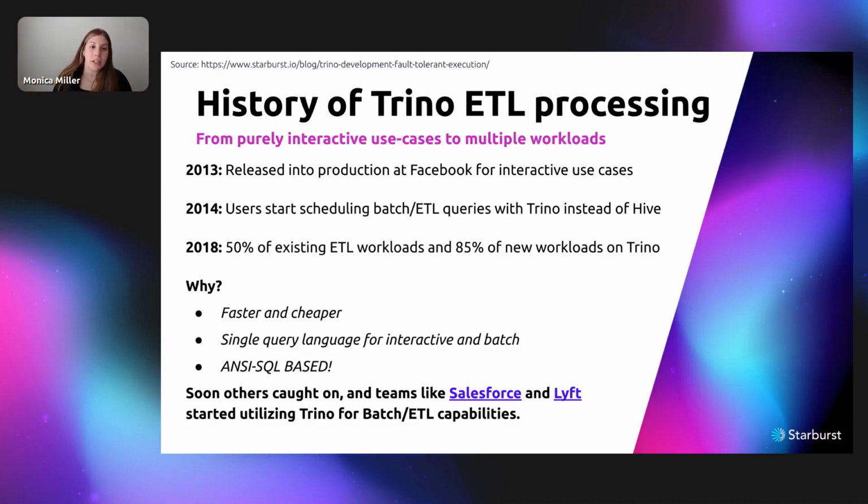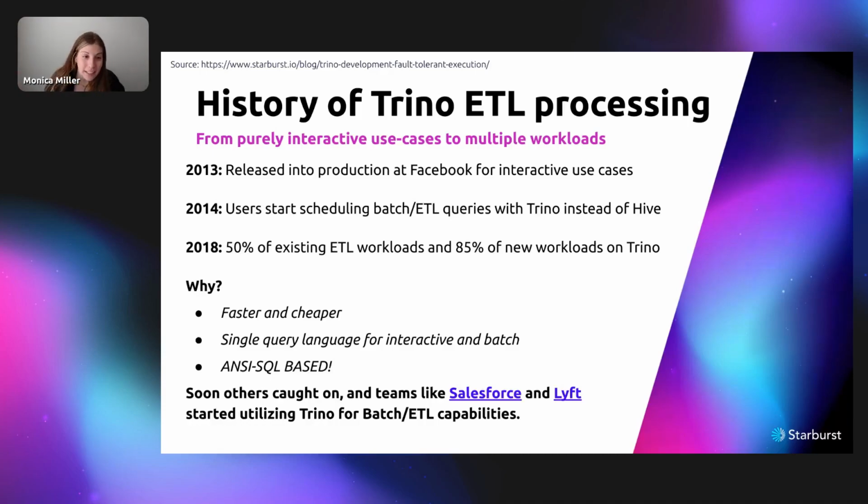In 2013, Trino was released into production at Facebook, specifically for those ad hoc and interactive use cases that we talked about, joining data and running petabyte scale queries at big scale.